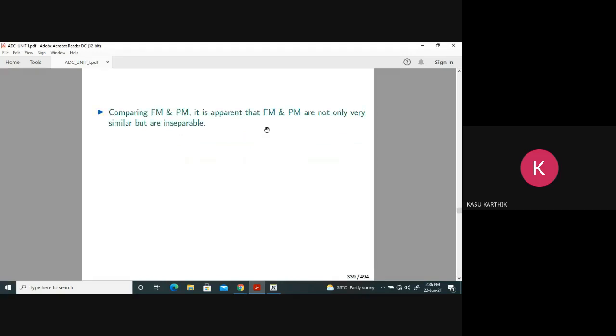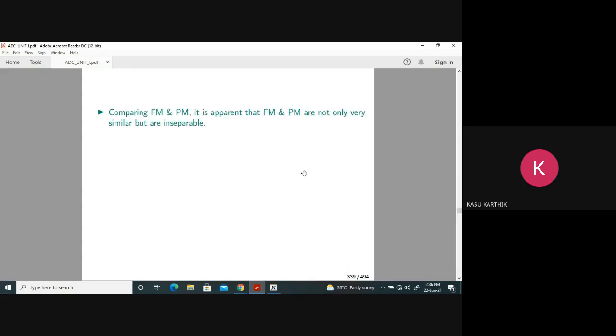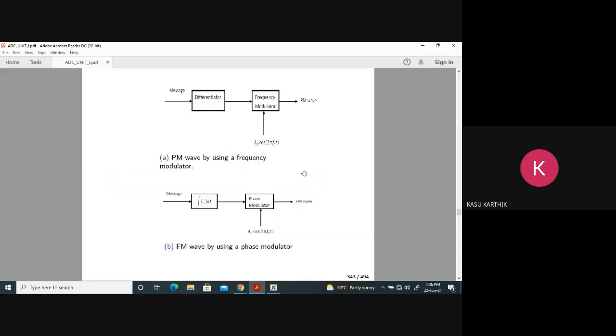So in FM, if you assume that the input is the integration of m of t, it is nothing but PM. Don't get confused by these terminologies. What I want to say is they are very similar. Let us see how similar they are.